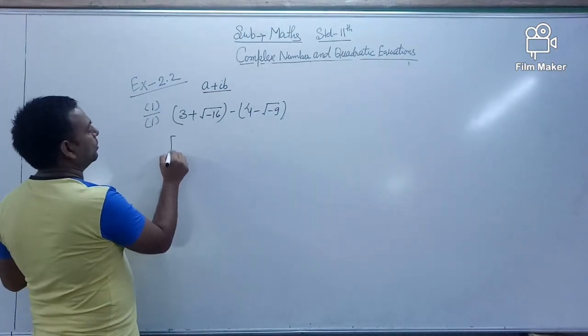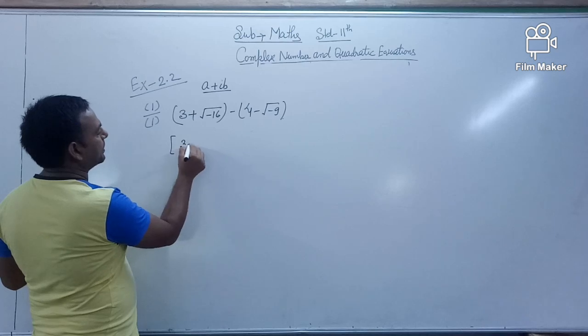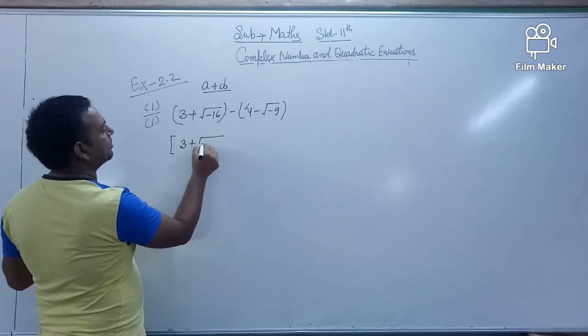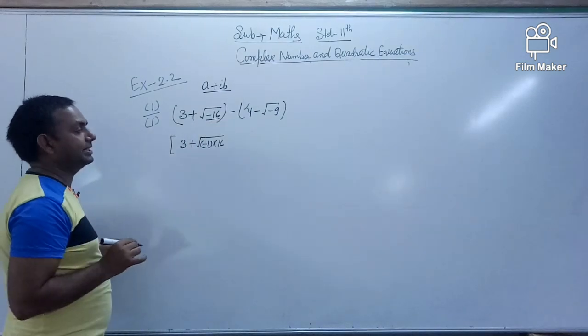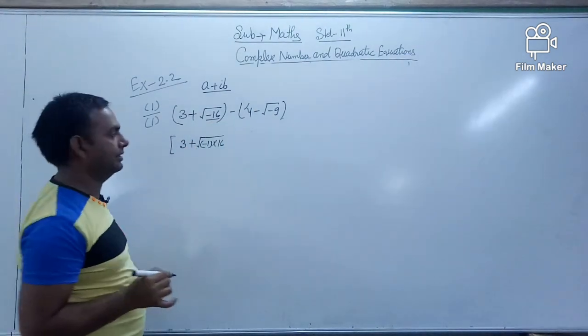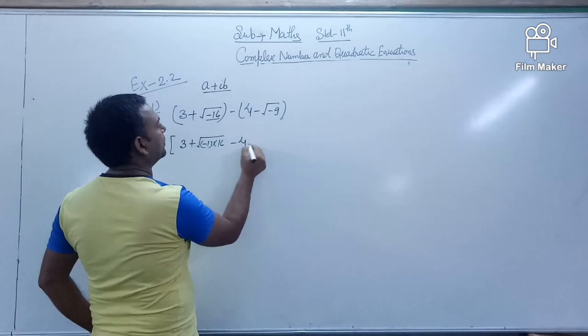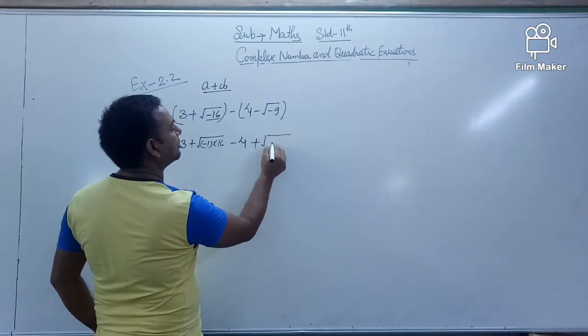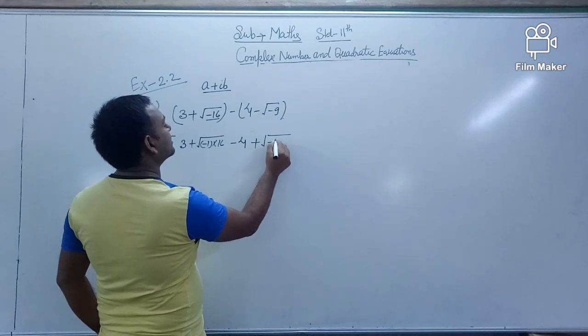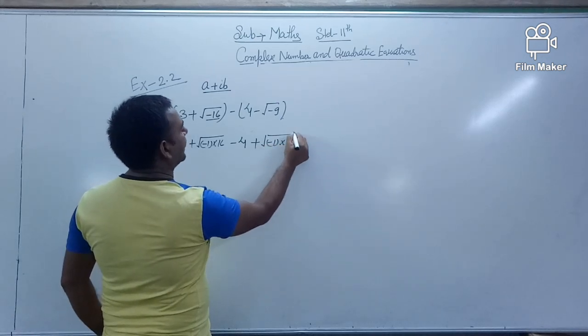Open the bracket: 3 plus under root of minus 1 into 16, and minus 4, and minus becomes plus, under root of minus 1 into 9, close the bracket.